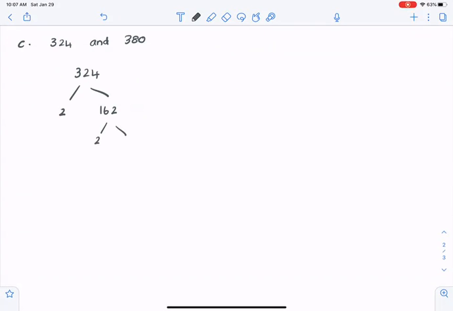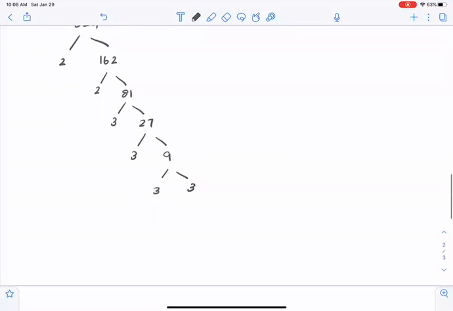Smallest prime that divides 162, 2 again. 2 times 81 is 162. 2 is not going to divide 81, so let's go to 3. 3 will divide 81, so I'd have 3 times 27, which is 81. 3 divides 27, 3 times 9 is 27. 3 times 3 is 9. So 324, I can write it as 2 squared times 3 raised 4.